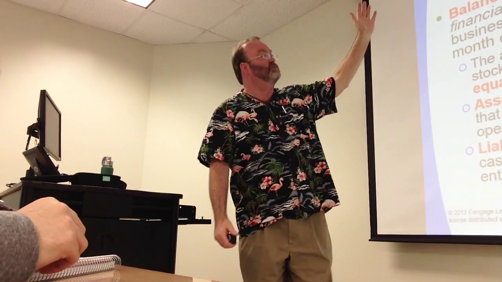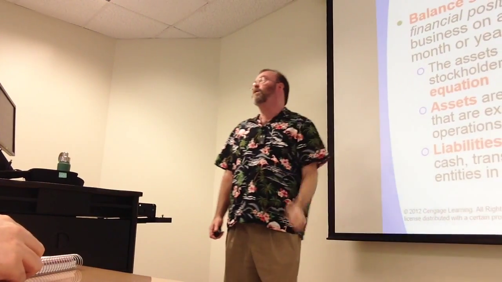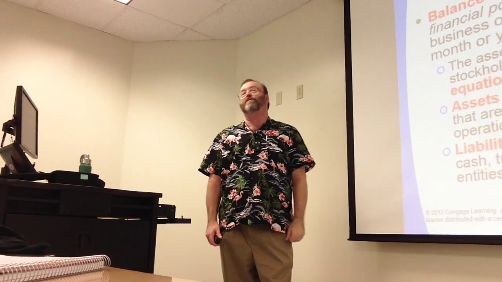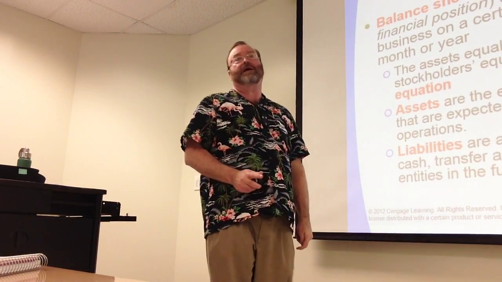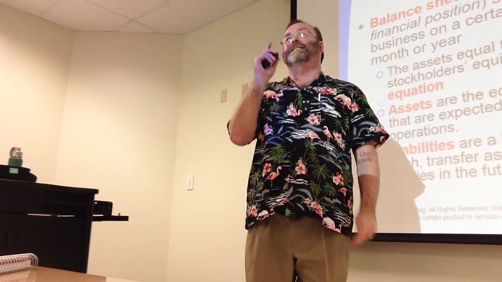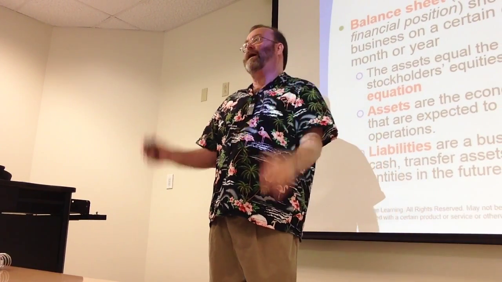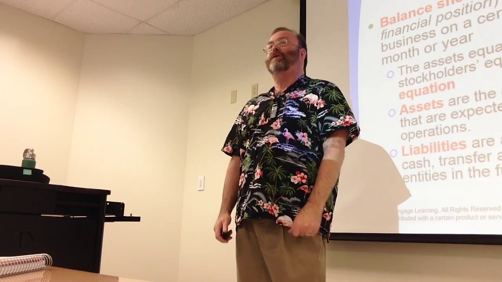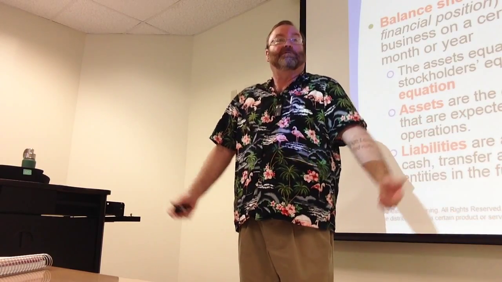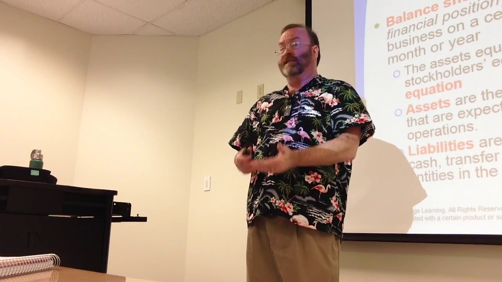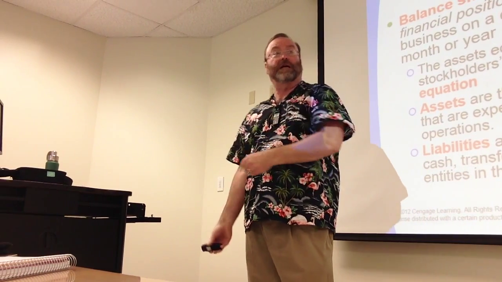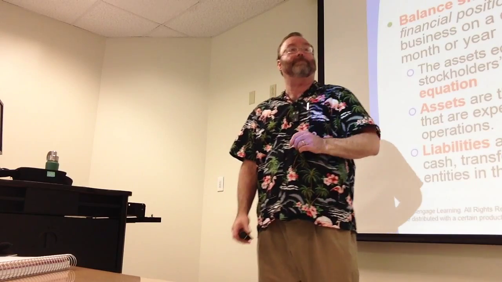All of this is displayed on the third statement called the balance sheet. The balance sheet is unique in that it does not measure activity. It can't. It's all of the assets, liabilities, and stockholders' equity at a moment in time.